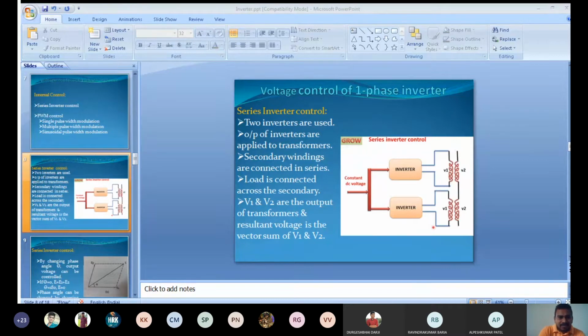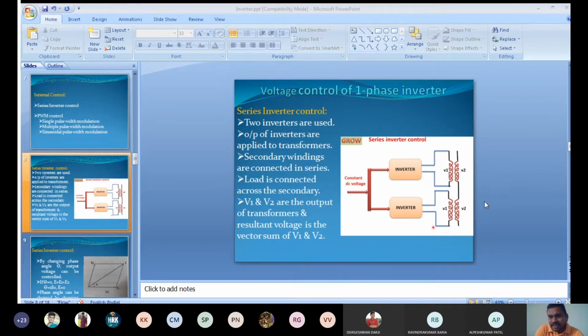Now here we assume that this is the output voltage of the first transformer and this is the output voltage of the second transformer. The resultant voltage of these two is the vector sum of the two.